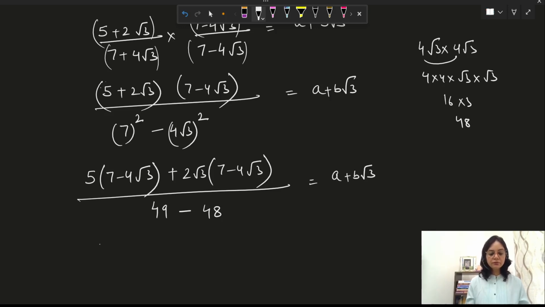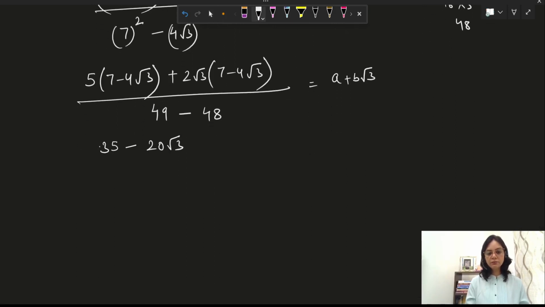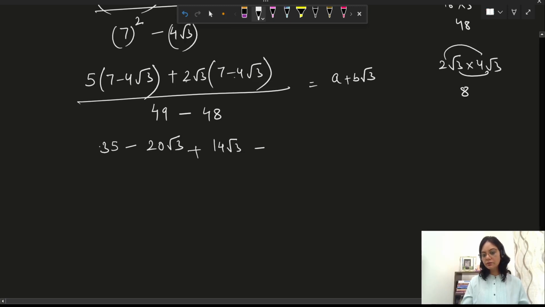What is 5 into 7? 35 minus 20 root 3, because 5 into 4 is 20. Then 2 into 7, 14 root 3, minus 2 into 4 is 8, 8, it's basically, if you write here, 2 root 3 into 4 root 3. 2 into 4 is 8 and root 3 into root 3 is 3.